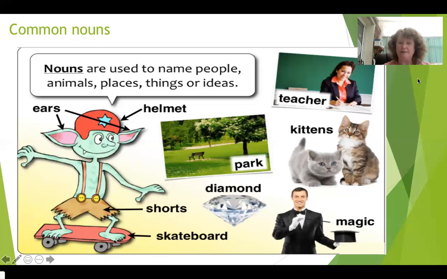Okay, we have kittens here. They can be referring to any kitten or just your kitten. Again, if you give the kitten a name, that's a proper noun. And there's in our concept here an idea, magic. So we're referring to like magic tricks in this picture.